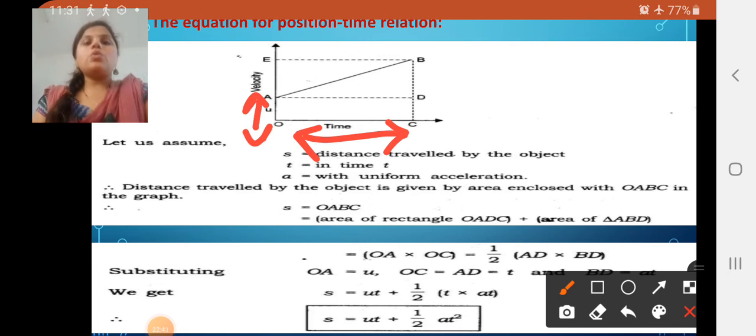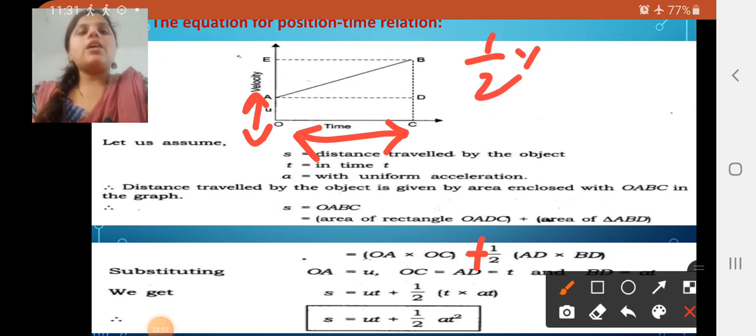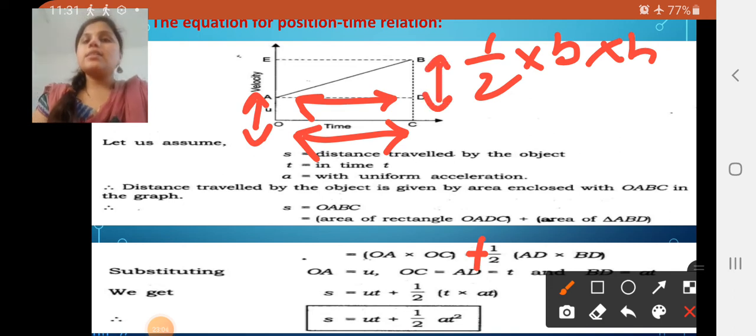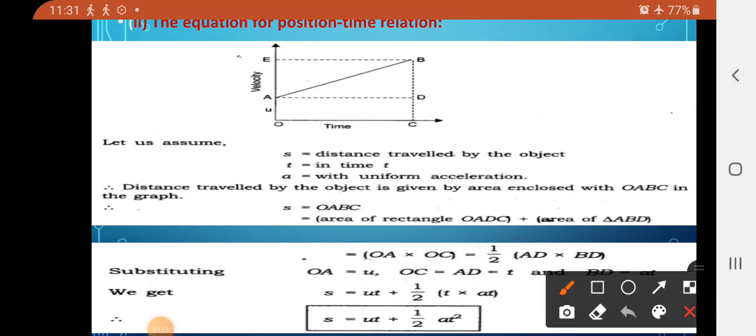So OA into OC, plus, next is the area of the triangle, half into base into height. In this you can observe the base here is AD, and the height is BD. Yes, simple concept. We only need to know the area of the rectangle and the area of the triangle, so we will get the equation here.